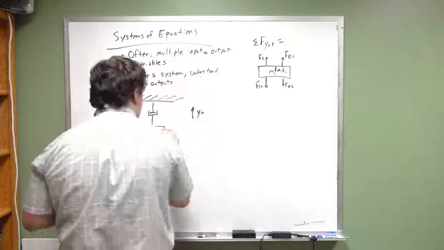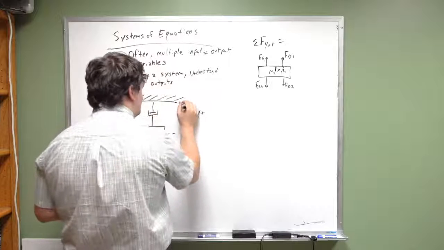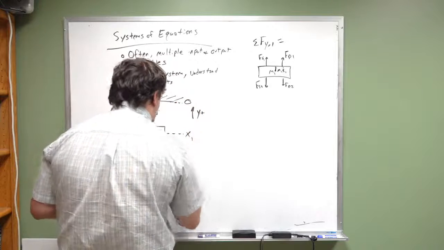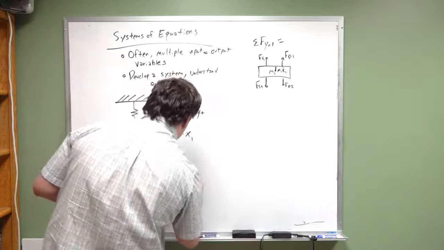We'll state that this distance is 0, this distance is x1, and this distance is x2.